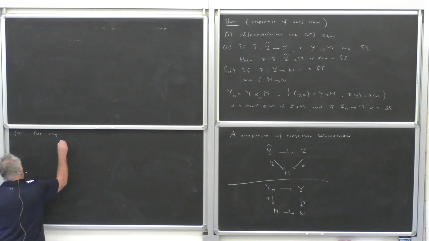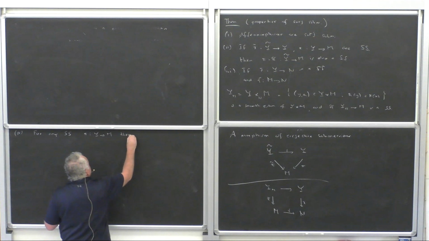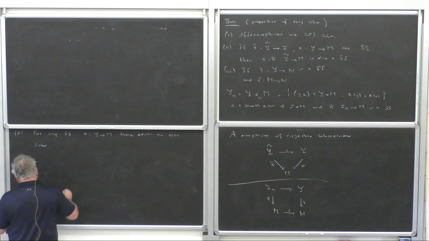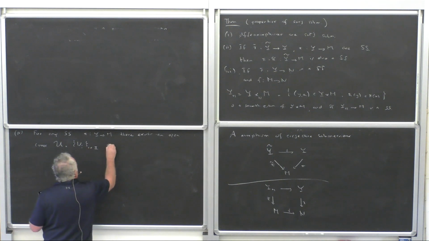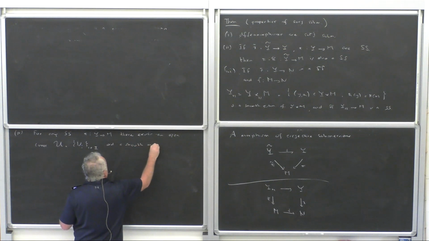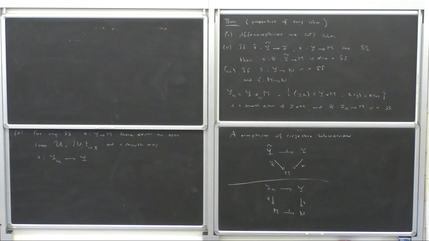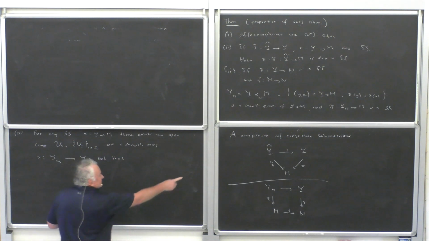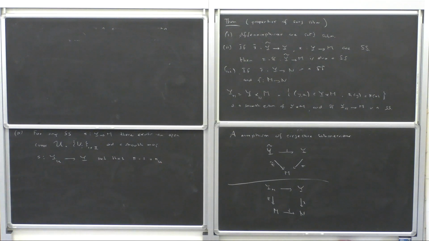For any surjective submersion pi, Y to M, there exists an open cover U, given by a collection of open sets of M, and a smooth map S from the surjective submersion given by the open cover to the surjective submersion at hand, such that this is a morphism of surjective submersions, so that pi after S equals pi of the open cover.